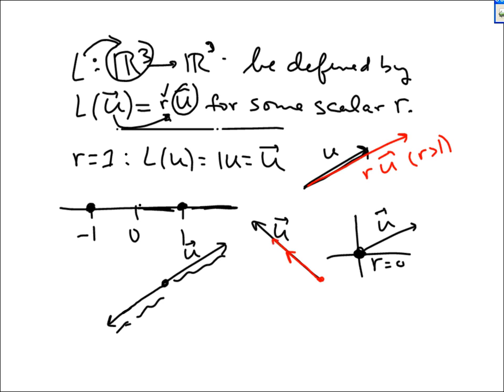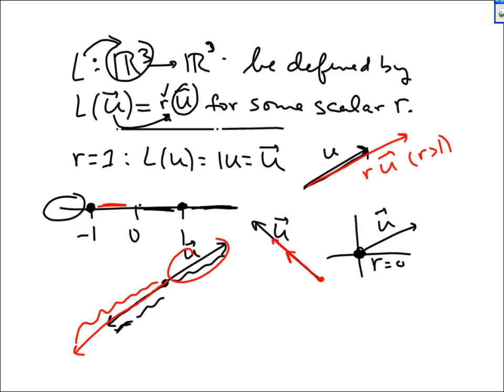Now, if r is less than negative 1, that would just mean that u, remember u was this vector, the new vector will go in the opposite direction, and it'll be longer than the original vector u. That's if r is below negative 1.